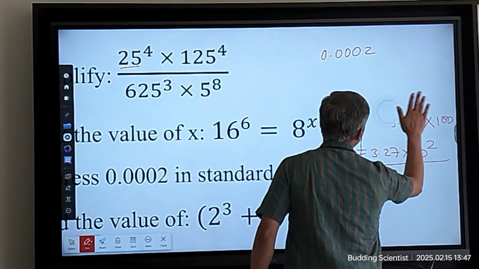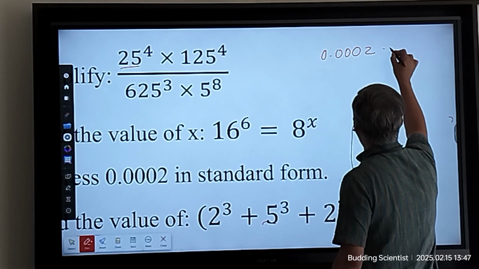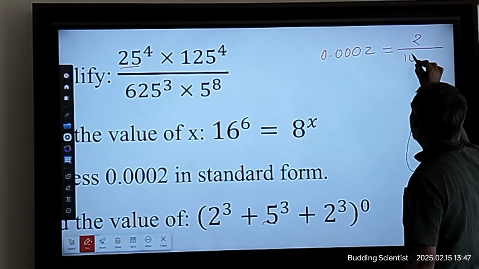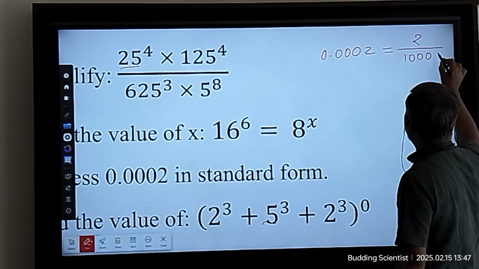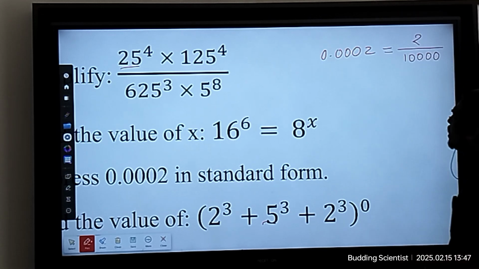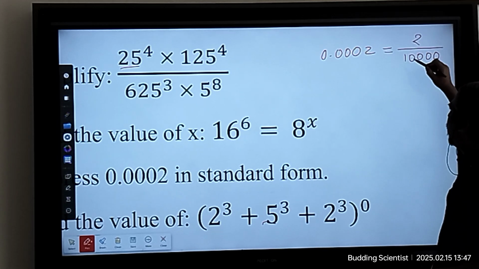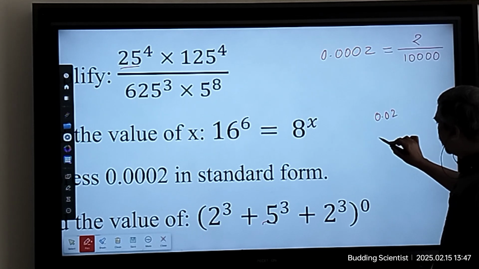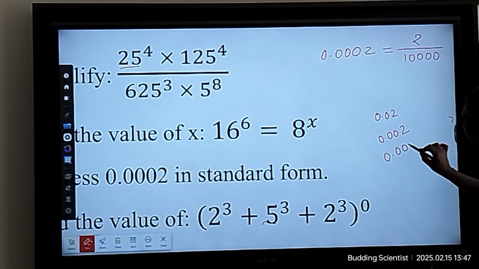Now let's write a standard form for this. There are many ways of doing that. I will tell you the simplest way, but this is not the only way. 2 raised to 2 upon 1, 2, 3, 4. This is the number. 2 upon 10 would have been 0.2, 2 upon 100 would have been 0.02, 2 upon 1000 would be 0.002, and 2 upon 10,000 will be 0.0002, which is what we have here.